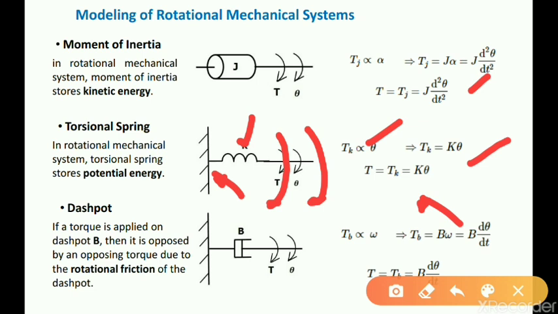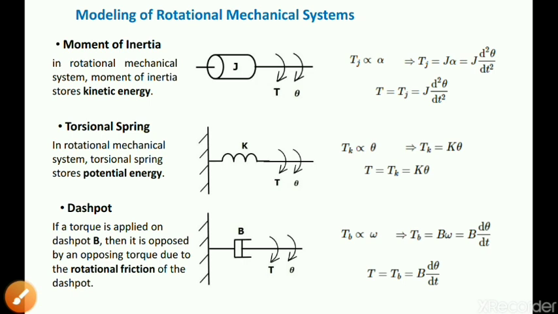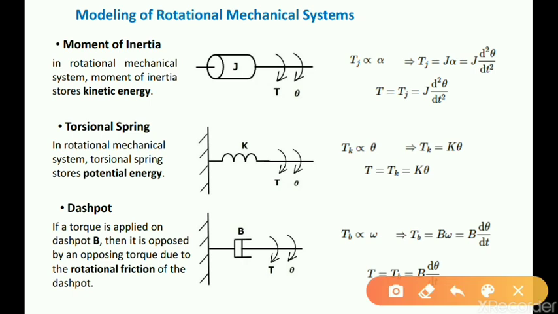Now we have another element, the dashpot. If a torque is applied on dashpot B, then it is opposed by an opposing torque due to the rotational friction of the dashpot. In the translational we have just the friction of the dashpot, but here we have rotational friction of the dashpot. So rotational friction torque is directly proportional to the angular velocity, omega.